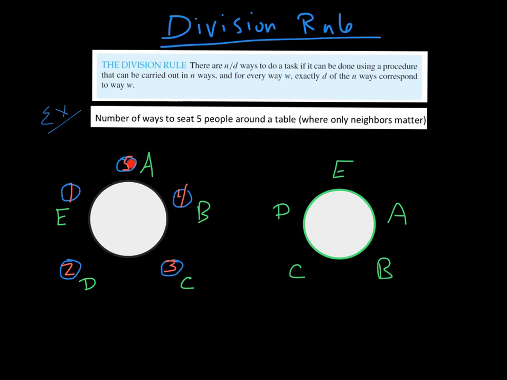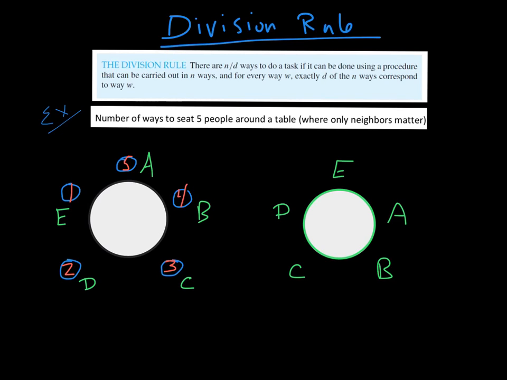So in this arrangement, A has neighbors B and E. And in this arrangement, A still has neighbors B and E. So these are considered the same way to seat those 5 people around.